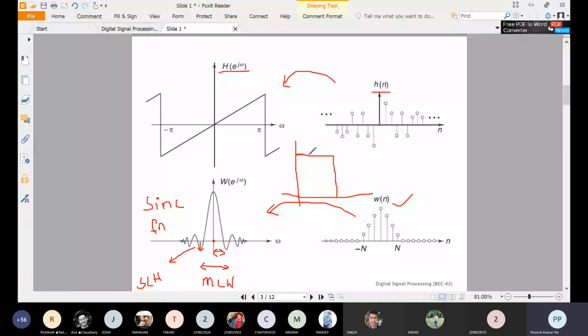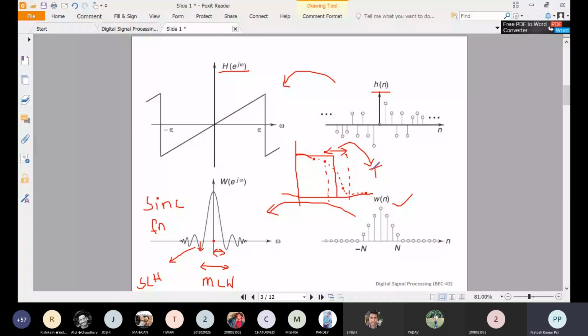It will have a higher magnitude for a fixed range of frequency, and then it will be 0. Before going from high magnitude to 0, there is a range of frequencies in which there is a transition from high to low. This range of frequencies is called the transition region, or transition width.